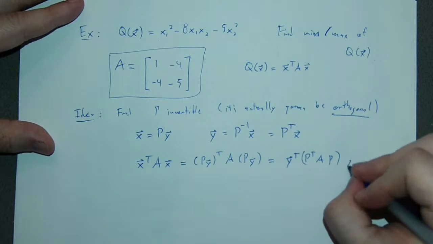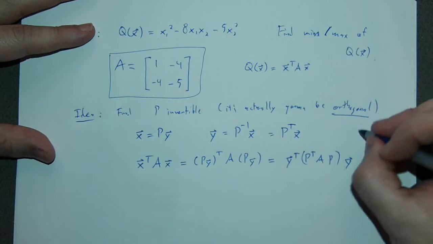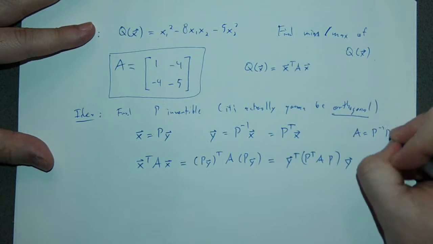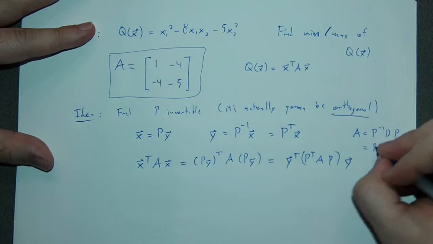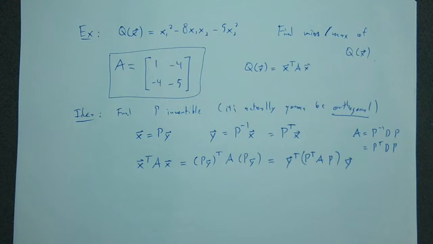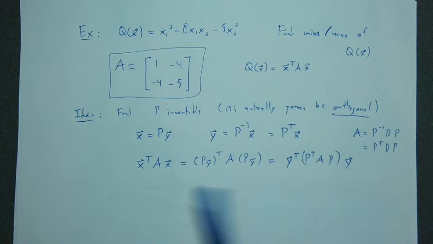The idea is I want to find a P that's invertible and orthogonal such that A is P inverse DP, or P transpose DP in the case of this being orthogonal, where D is diagonal. So I want to diagonalize A, and ideally orthogonally diagonalize A, but hey, I'm in luck.